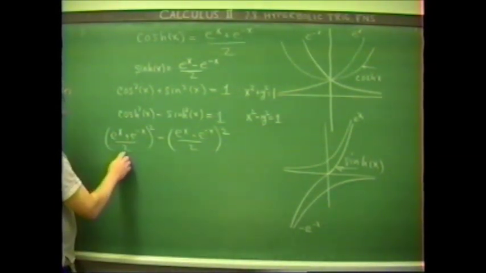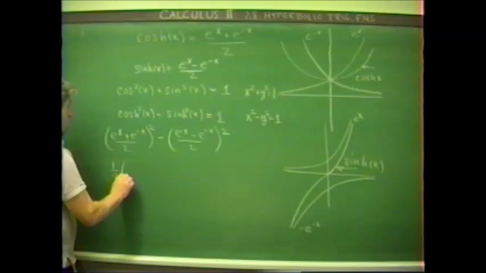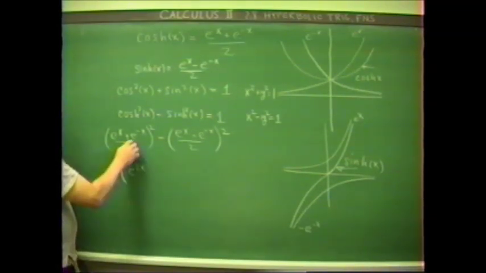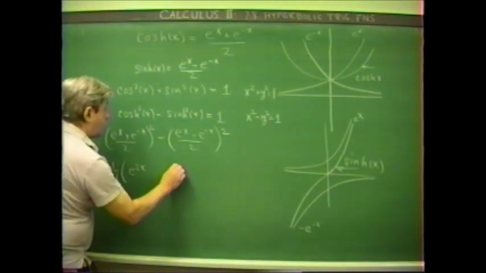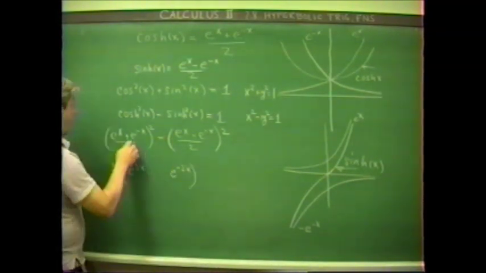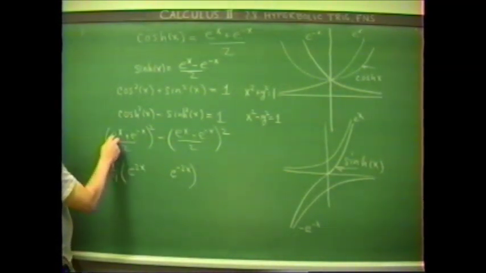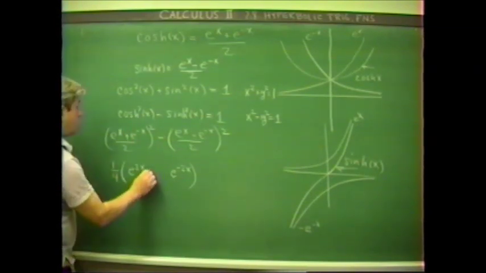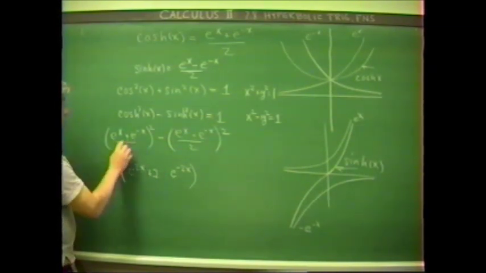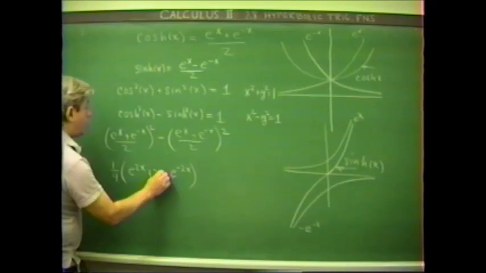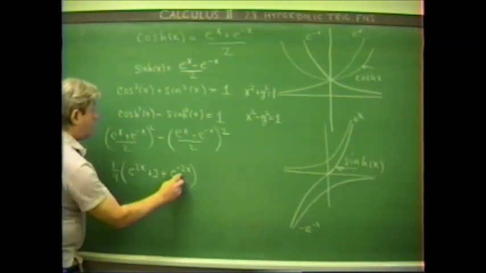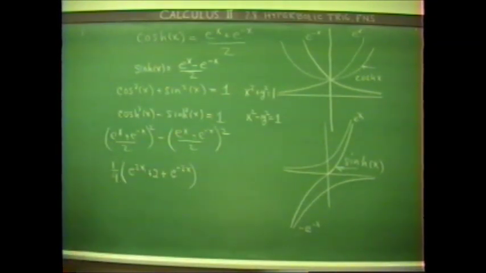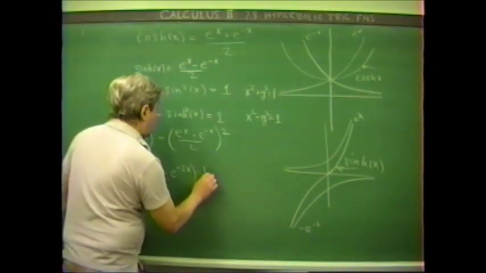Squaring here, we're going to get a quarter, and then we're going to have e to the 2x plus e to the minus 2x, that's the other squared term. And for the middle term, we're going to have 2 times e to the x times e to the minus x. So this is going to be e to the x times e to the minus x is e to the 0 or 1. So we're going to get plus 2 for the middle term. And then this is minus a quarter.